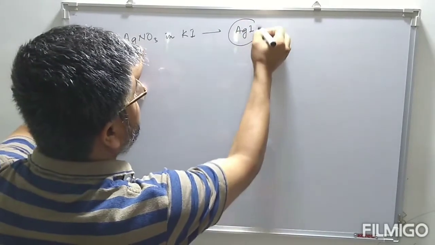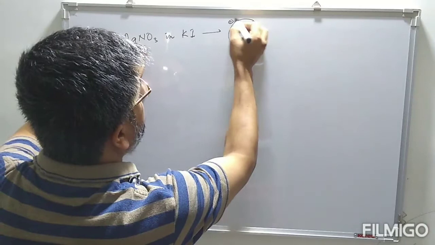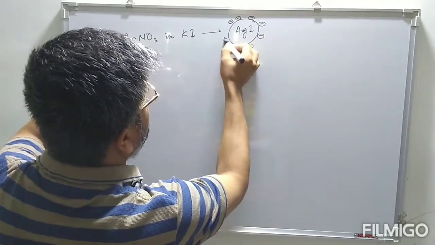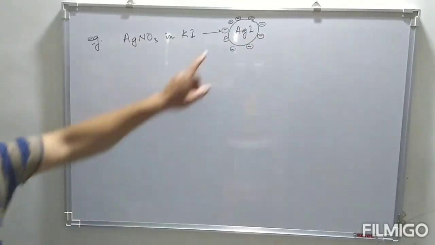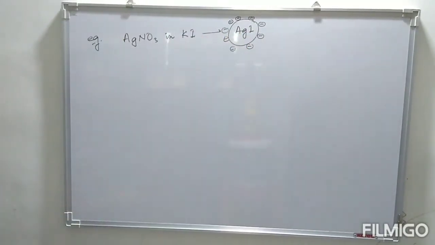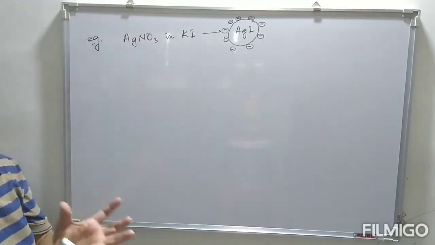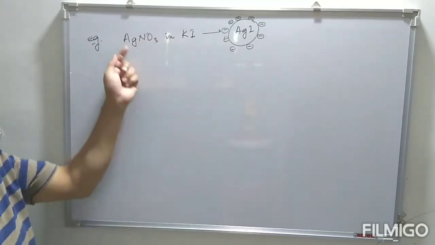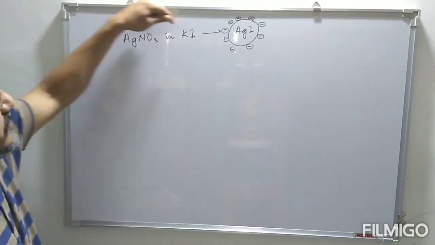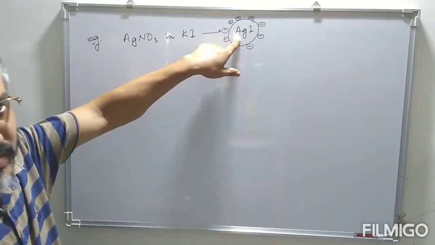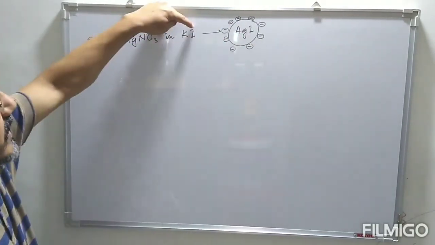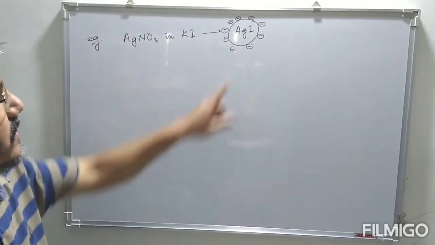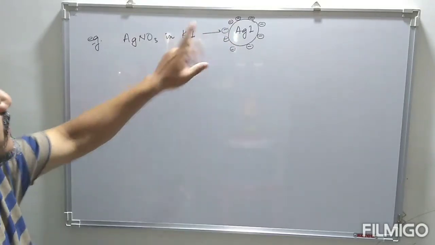On the surface of this silver iodide, I minus ions are adsorbed, and this gives a negatively charged colloidal solution. So we take potassium iodide in a container and add silver nitrate. As silver comes in contact with I minus, it forms silver iodide. Around this silver iodide, I minus from the solution is adsorbed, resulting in the formation of negatively charged silver iodide sol.